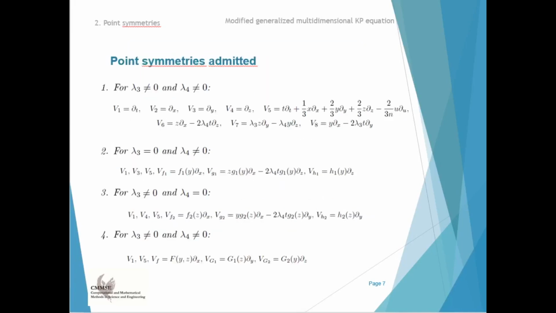Then we obtain the following point symmetries for each case. We have obtained 4 cases. In the first case, we have 8 generators, and in the following cases, we have obtained some of the previous generators and some new ones.